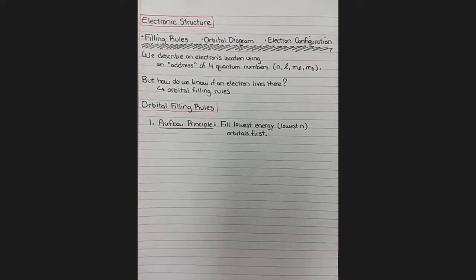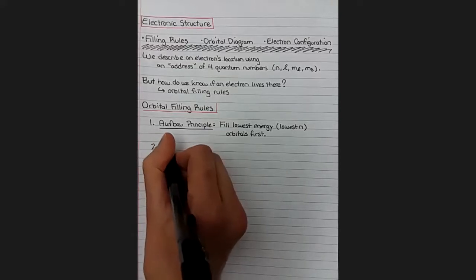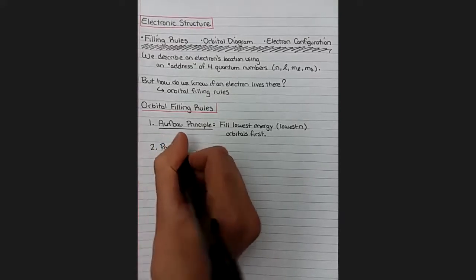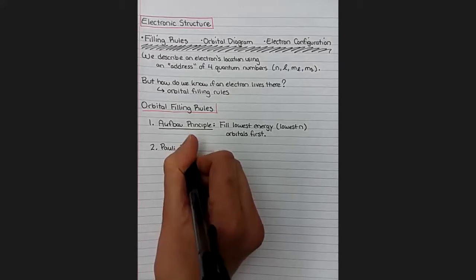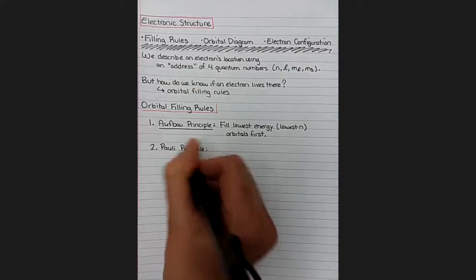So back we go to our orbital filling rules for number 2. And this is one that we actually saw in the last video, the Pauli Principle. But it's relevant to how we fill in this new kind of diagram, so we're going to include it in the rules here anyway.